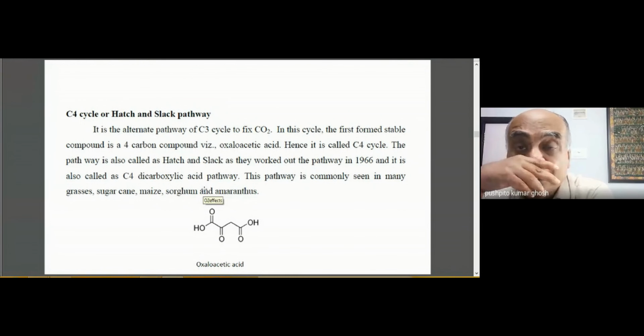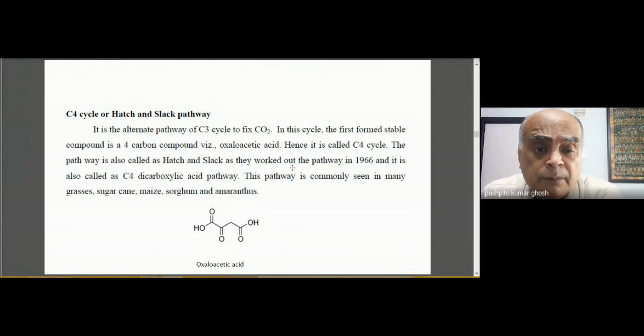Like, for example, sugarcane. Maharashtra has so much sugarcane crop. Maharashtra and Uttar Pradesh are the two largest in terms of sugar production. Then, for example, maize, corn, which is another very important crop, as you know. Grasses, there are so many kinds of grasses that grow. Sorghum. All of these follow a slightly different mechanism.